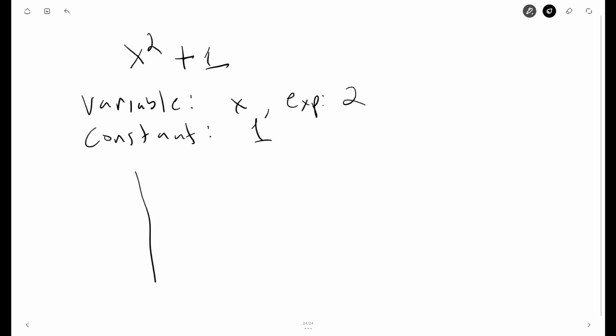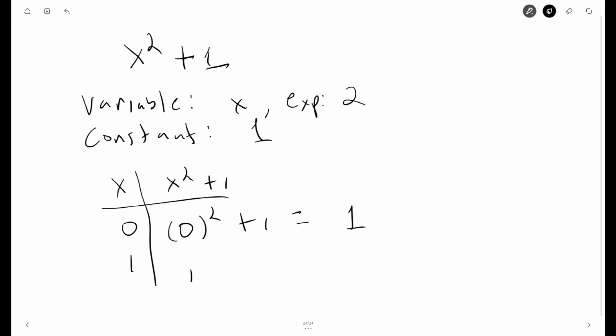So the table: x squared plus 1, with 0, 1. So 0 squared plus 1 is equal to 1, and then 1 squared plus 1 is equal to 1 plus 1, which is equal to 2.